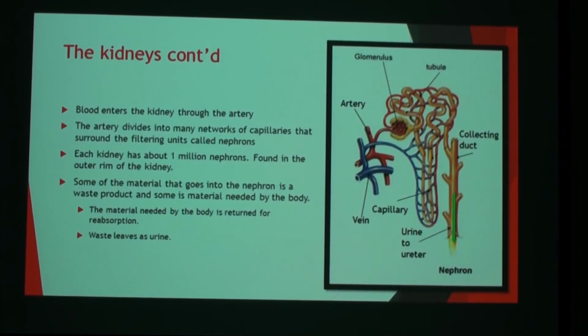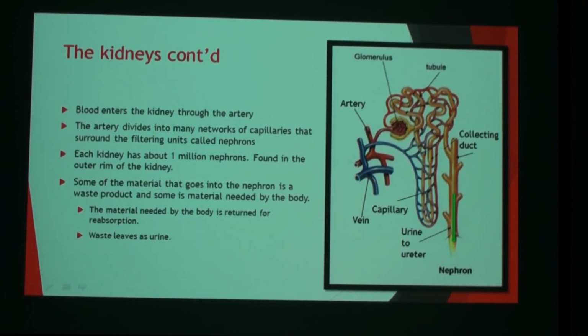So the good stuff gets separated from the bad stuff, and then through these capillaries, you can even see it's purple, they go into the veins, the blue, and then whatever was good gets reabsorbed into the body, so it travels to the veins, and then it travels all throughout the body. So the nutrients, everything that we need, travels back to the body through the veins.